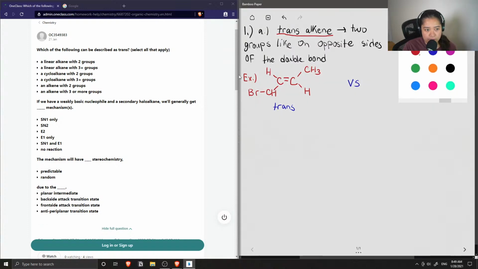And if we were to write this in the cis conformation, our hydrogens would be on the same side, and these substituents would be on the opposite ends.